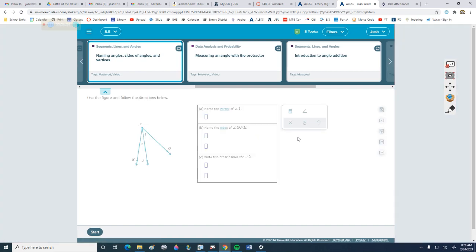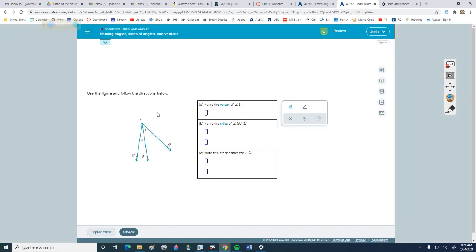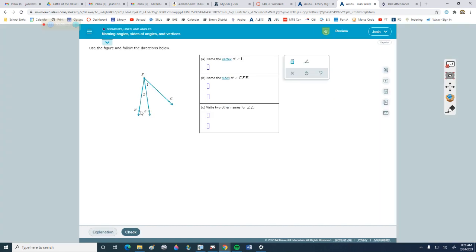Okay. So there are 3 ways to name angles. One way to name an angle is to pick a point, the vertex, and a point. So this angle right here, we have to use the angle symbol. Are you guys paying attention? Not at all.